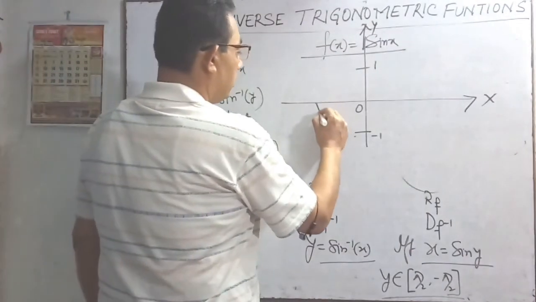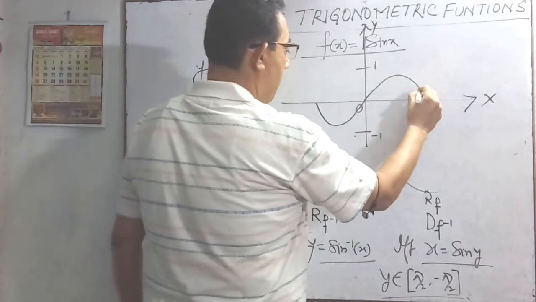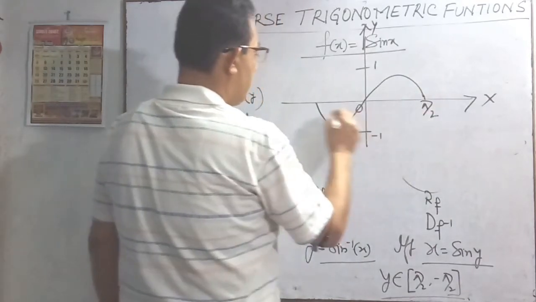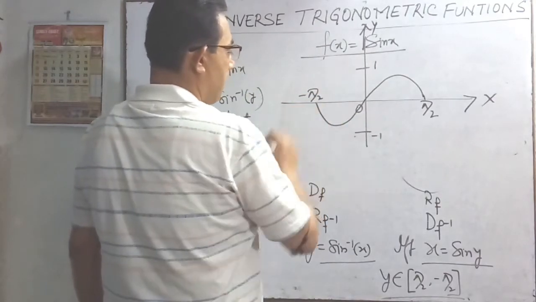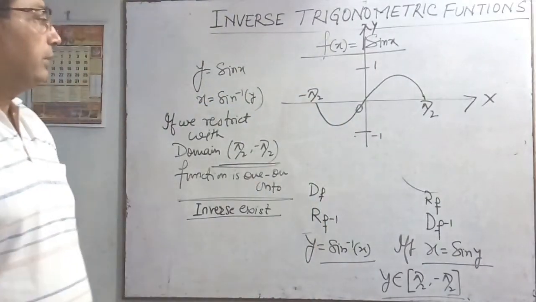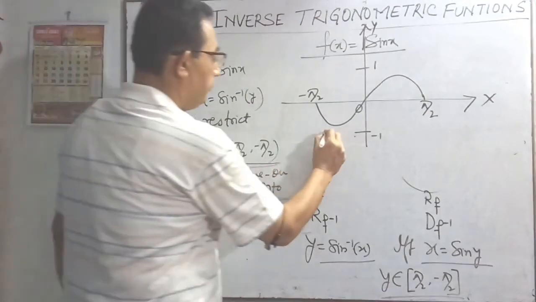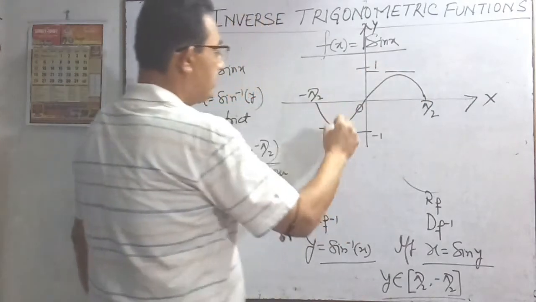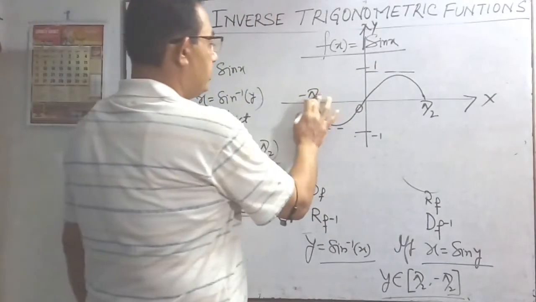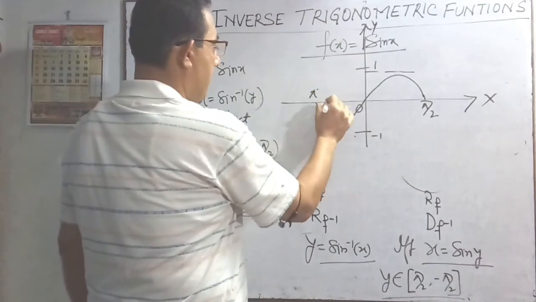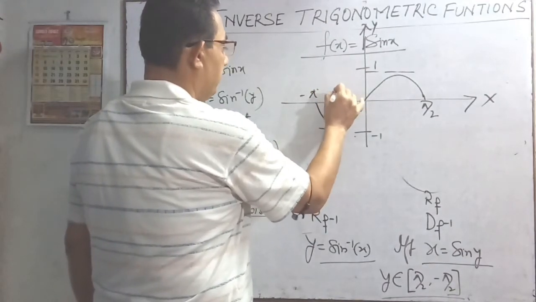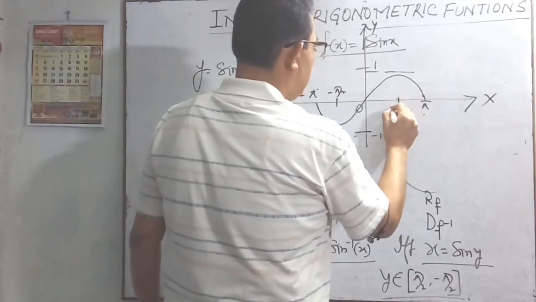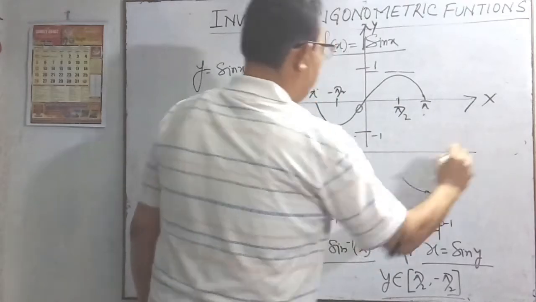In this time, graph will move this way. It is 1 and it is minus 1. It is 0, it is pi. It is minus pi by 2. It is pi, it is pi by 2.